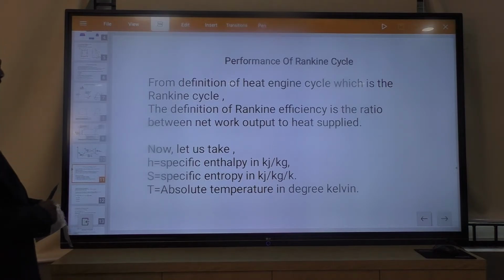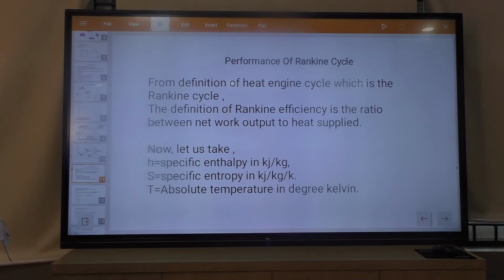Now let us take for derivation, small h is the specific enthalpy in kilojoule per kg, and small s is specific entropy in kilojoule per kg per Kelvin. T is the absolute temperature in degree Kelvin.